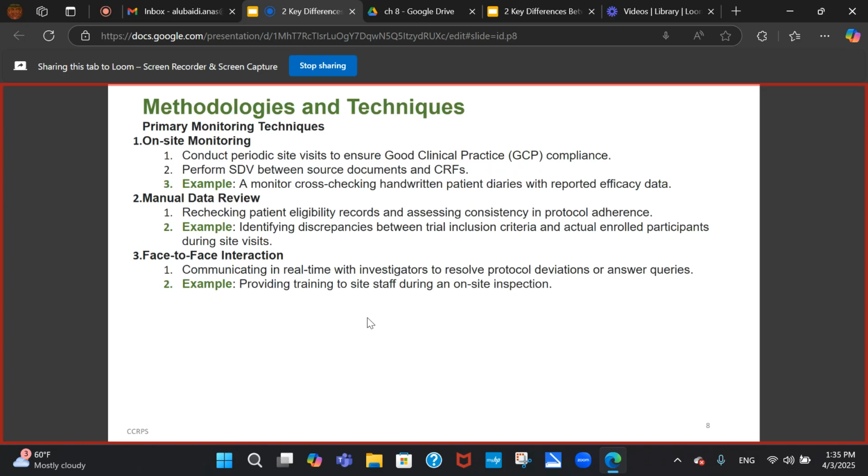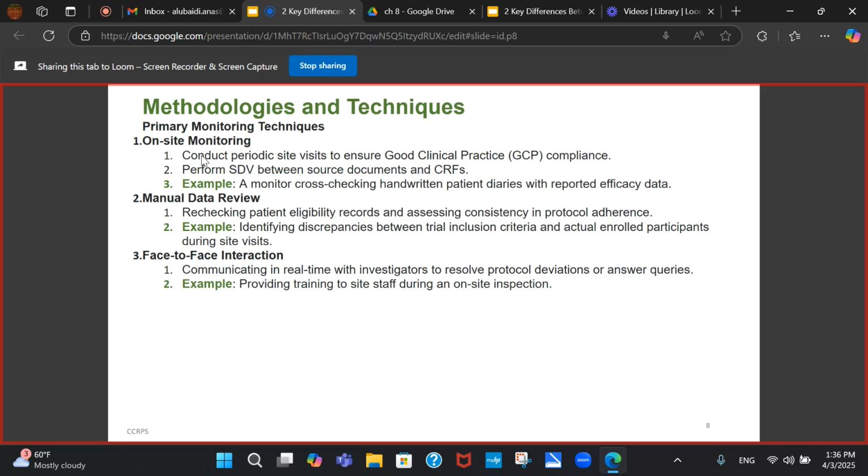Next, methodologies and techniques. For the primary, traditional monitoring techniques, first is on-site monitoring. It doesn't matter whether they are in order or not, but those three upcoming elements are the most important, basic, familiar components within the primary monitoring technique.